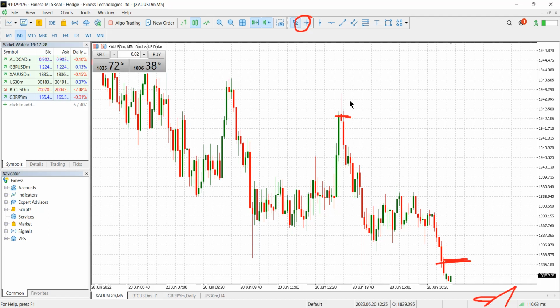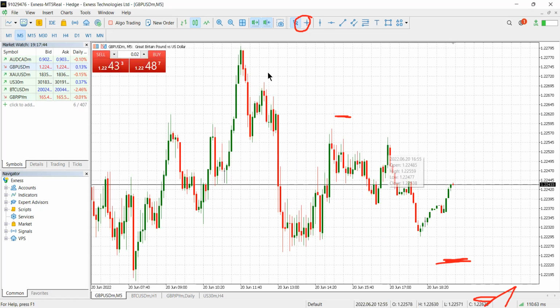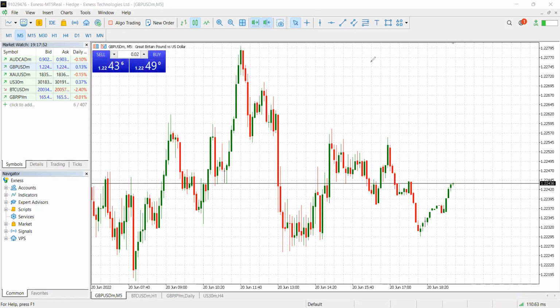Now let's look at it for a different set. Let's say GBP USD, right? Now we want to calculate the price movement from this point to this point.